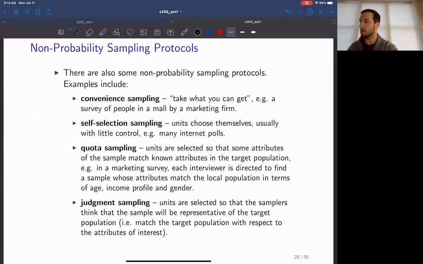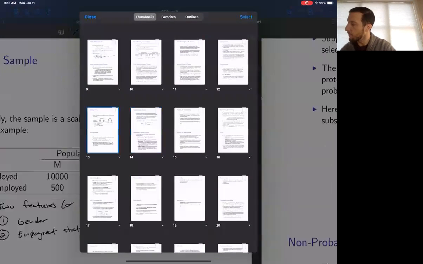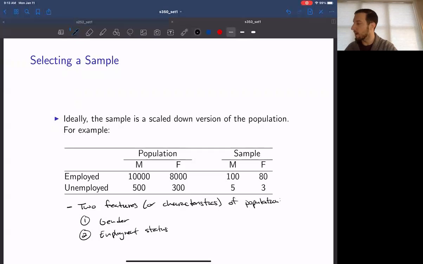So, for example, if we look at that previous slide again, and we notice that in our sample here, for male employed, we had a count of 100. For female employed, we had a count of 80. For male unemployed, we had a count of 5. And then for female unemployed, we had a count of 3. We could say that these are the quotas. So these actual values are what we want to obtain such that we can go forth and perform our analysis.